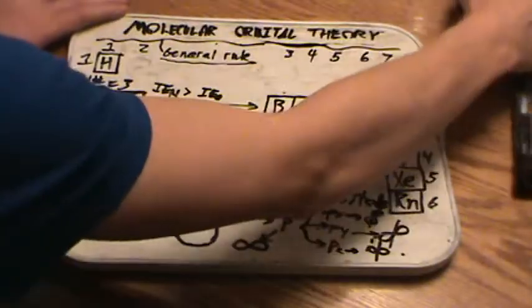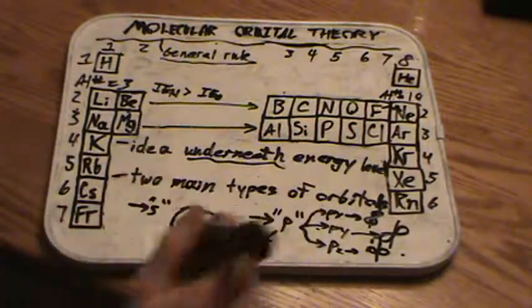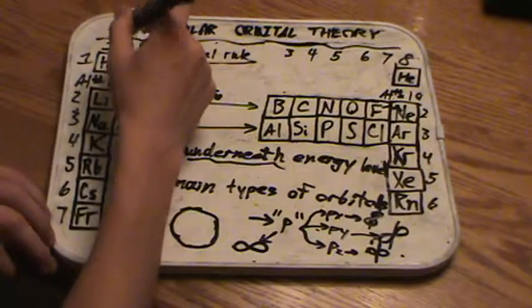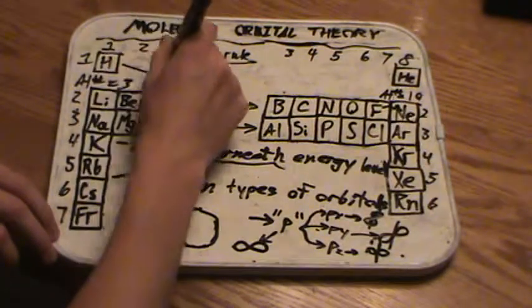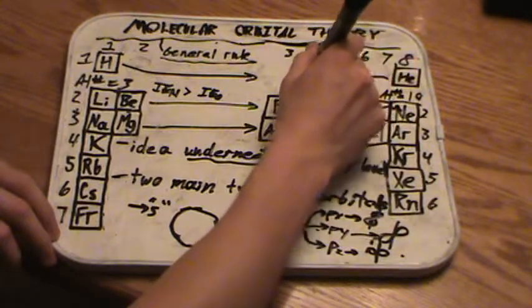Okay, alright. So now, how do these orbitals, the S and the P, the two that we have introduced so far, apply to the periodic table? Let's start with period 1, hydrogen and helium.